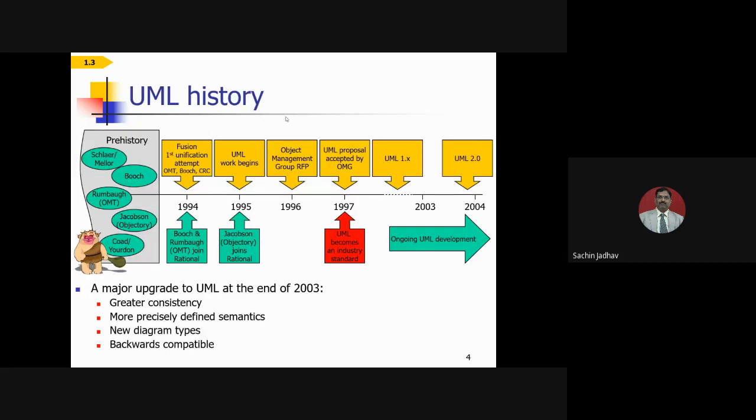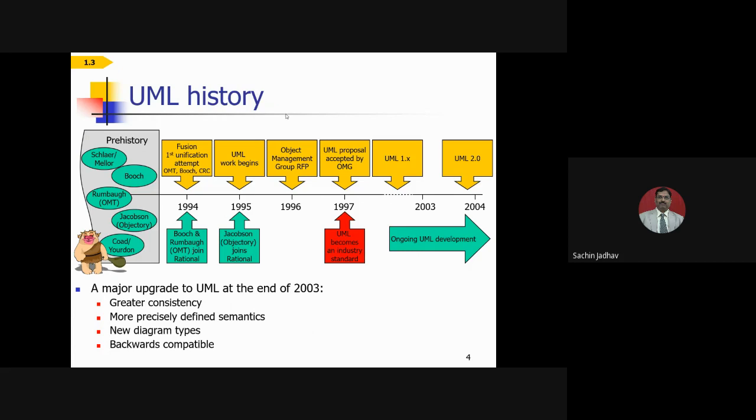Basically, UML started in 1994. Before 1994, each researcher or software developer, like Schlaer, Mellor, James Rumbaugh, Grady Booch, Ivar Jacobson, and Jordan, specified their own notations for the same object-oriented basic concepts.